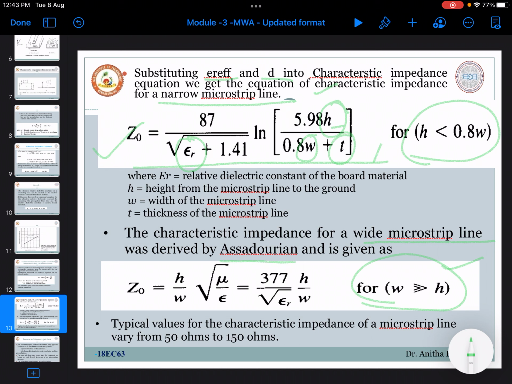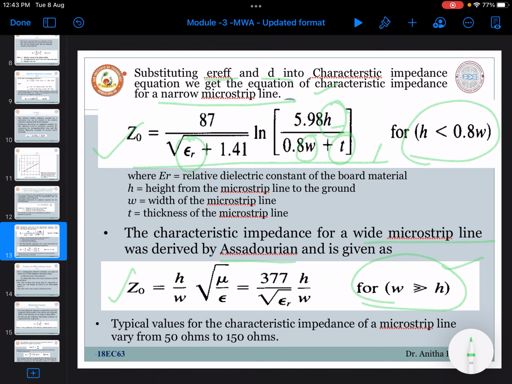If it is for a wide strip antenna, then you can use the Z0 formula as H by W into square root of mu by epsilon. You can also evaluate this square root of mu by epsilon as mu naught into mu r divided by epsilon naught into epsilon r.